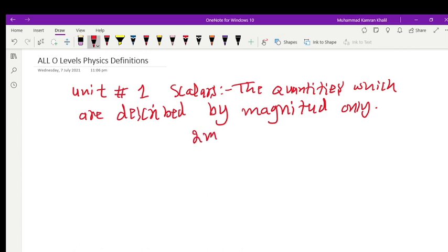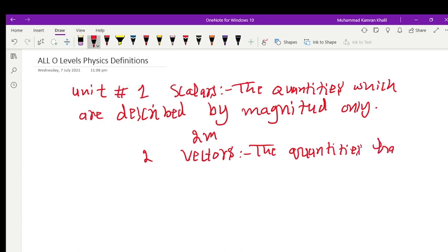Number 2, vector. The quantities which are having magnitude and a particular direction.